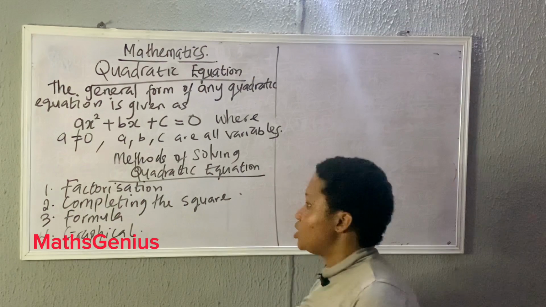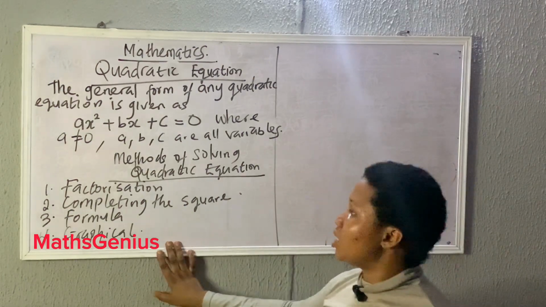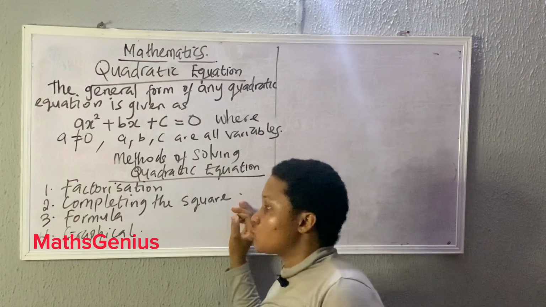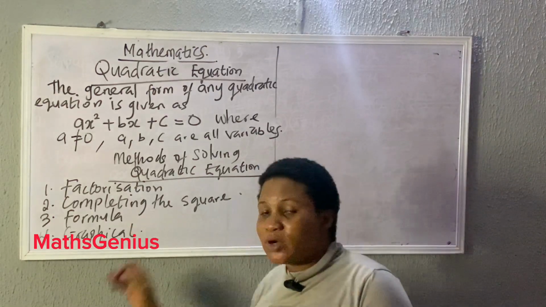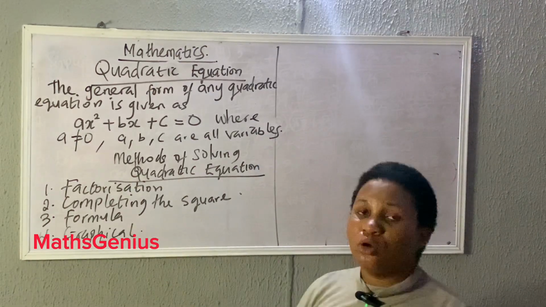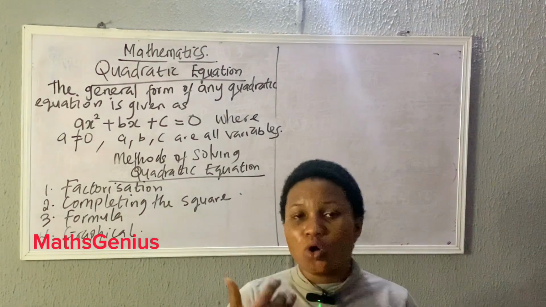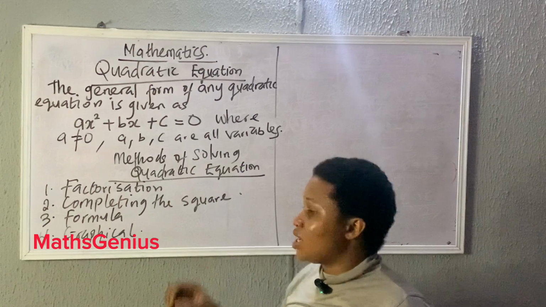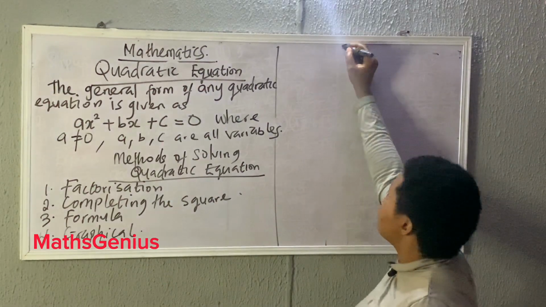These are the four basic methods of solving a quadratic equation. We'll deal with the methods one after the other. Let's start with the factorization method today.